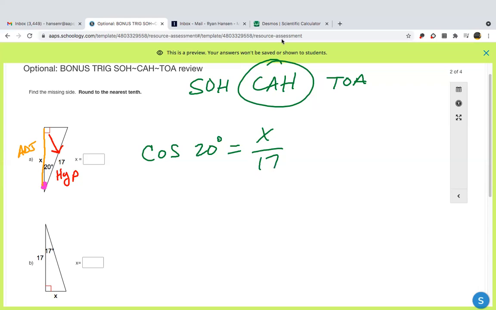Now, to solve for X, again, we want to get X by itself. I was very consistent in class with my messaging. The next most important thing is to eliminate the fraction. So to eliminate a fraction, you multiply by whatever's in the denominator. Since we have a 17 in the denominator, I multiply that to both sides, because whatever I do to one side, I have to do to the other side of the equation to keep the balance.